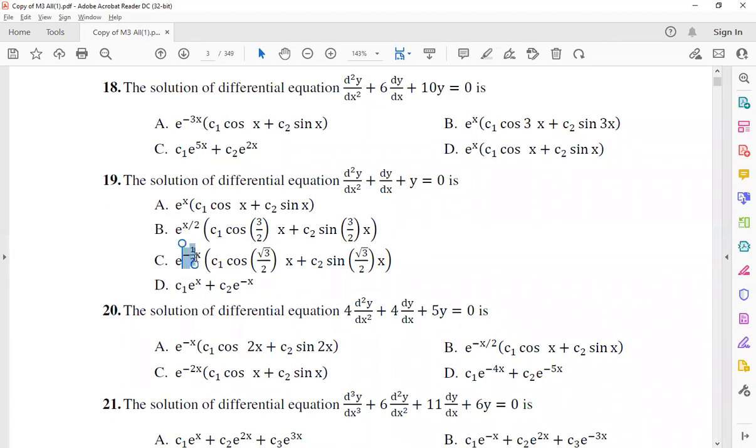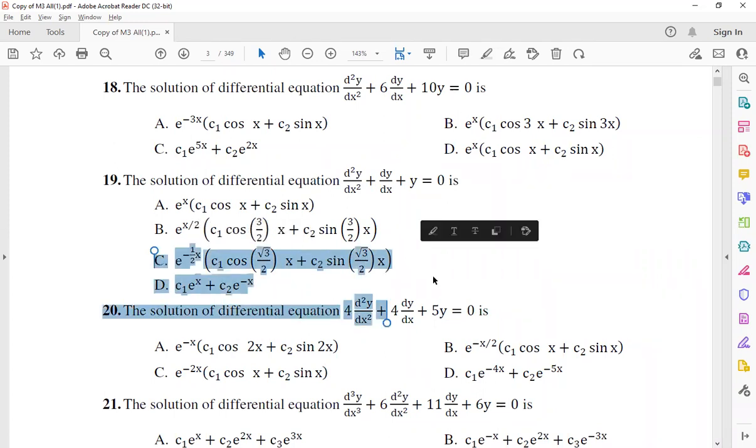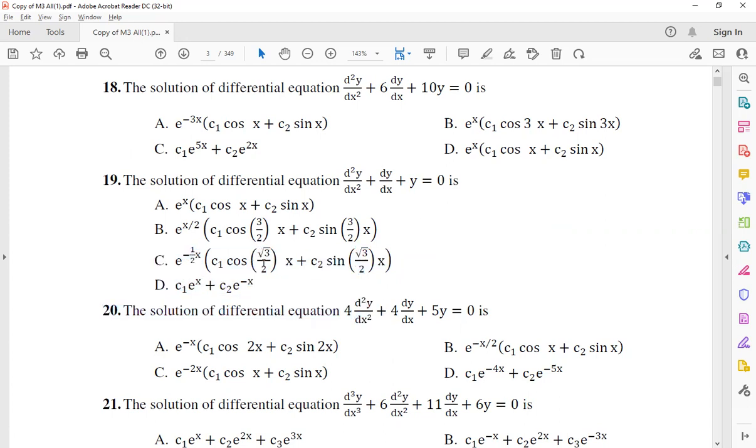I can see here minus 0.5, e raised to alpha x. √3/2 is nothing but 0.86. So option C is correct.